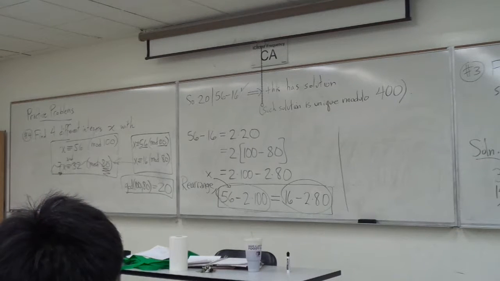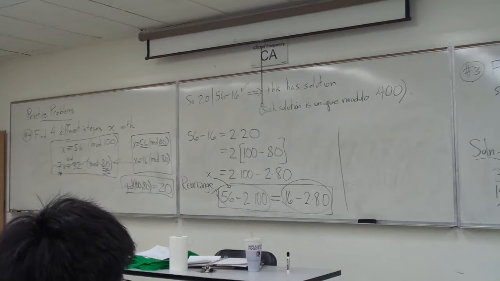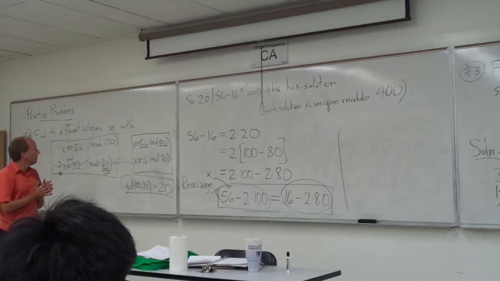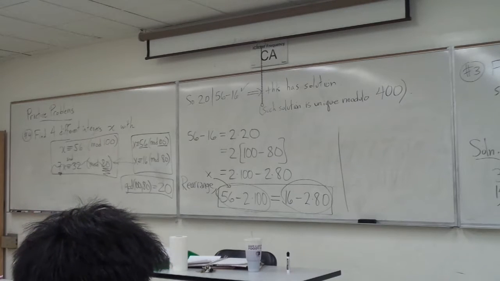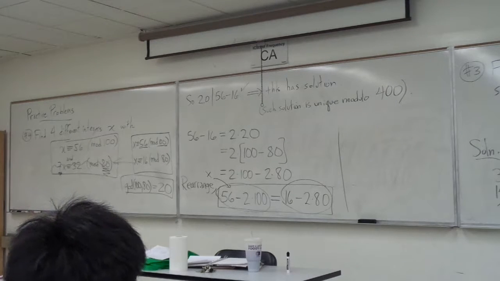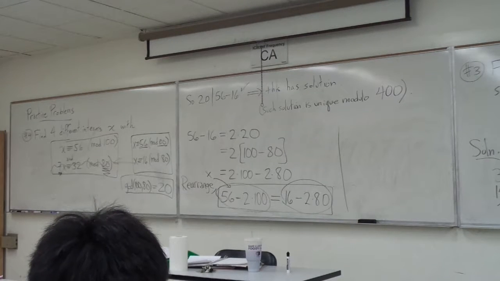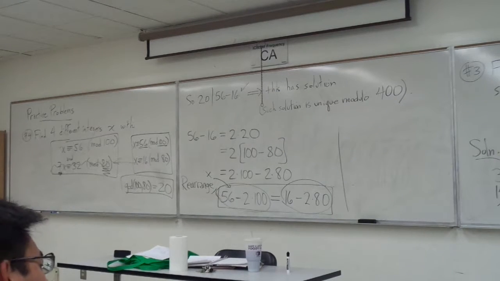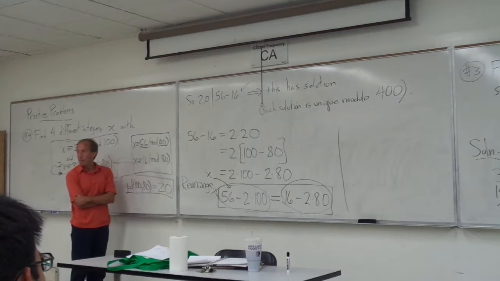Well, the mod 100 and the mod 80 make it, to me, very simple by inspection. Basically, you figure out when is a multiple of 80 40 more than a multiple of 100. And so it's 240 and 200, so you know it's 256.